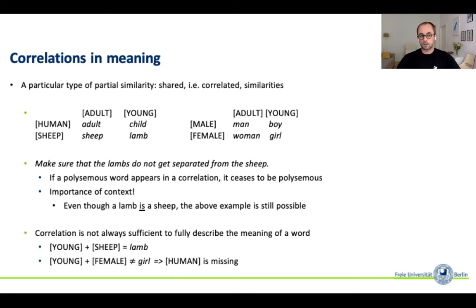On the other hand, correlation is not always sufficient to fully describe the meaning of a word, right? So it depends on what features we use at the end of the day.